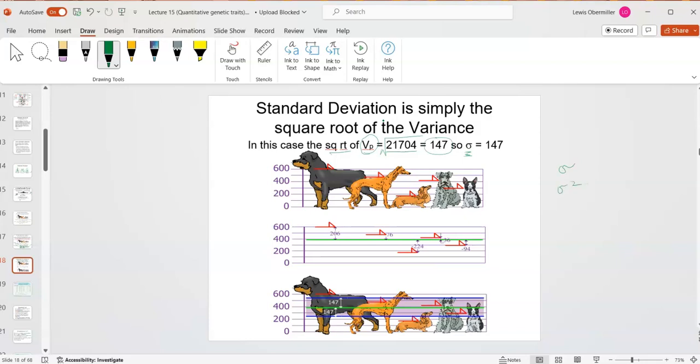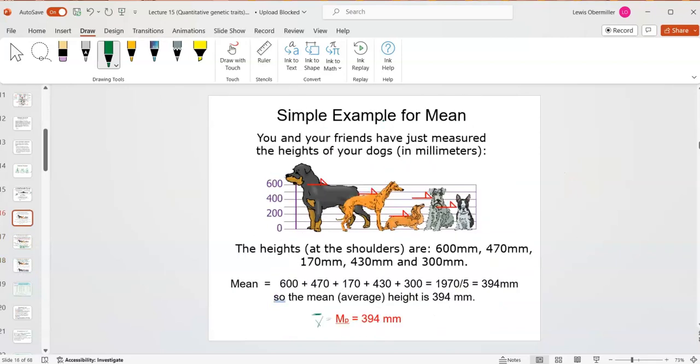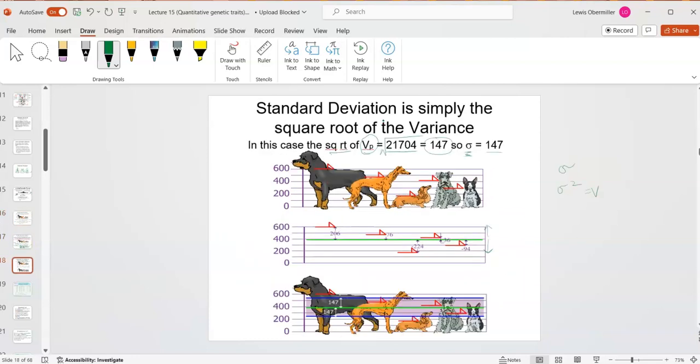Remember, this is variance. And so our standard deviation is 147. That kind of gives you an idea. Like, these dogs vary plus or minus 147. What do we measure them in? Centimeters? Millimeters. So they vary about plus or minus 147 millimeters on average.